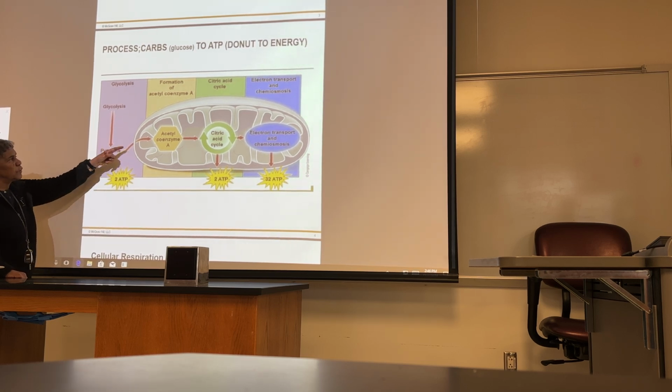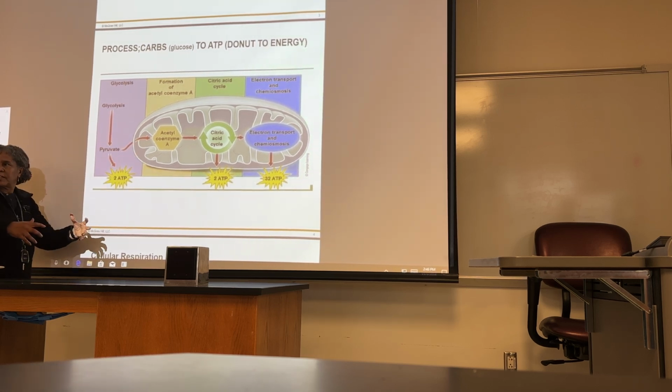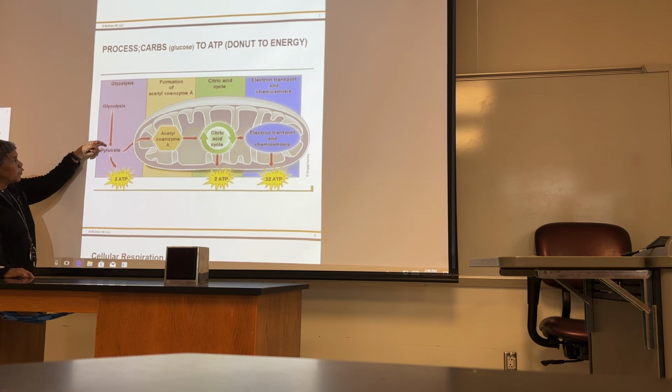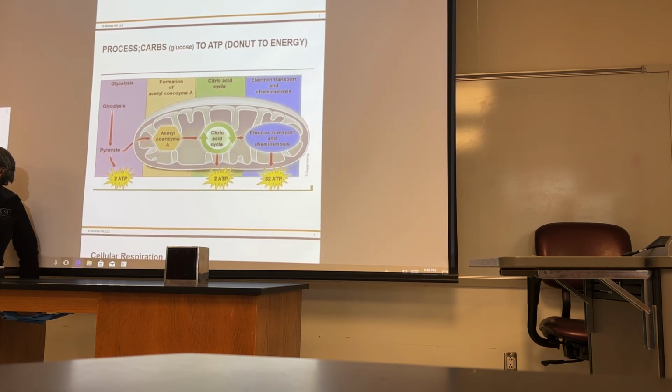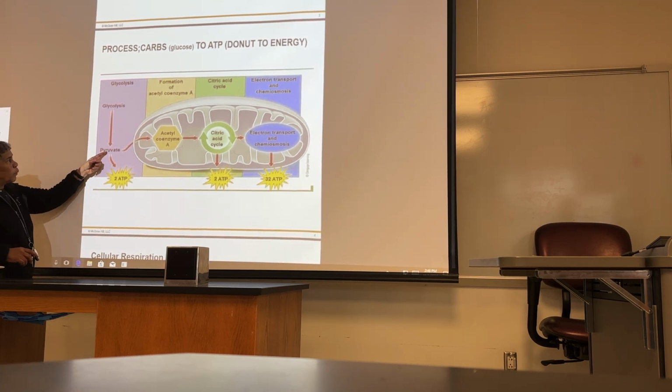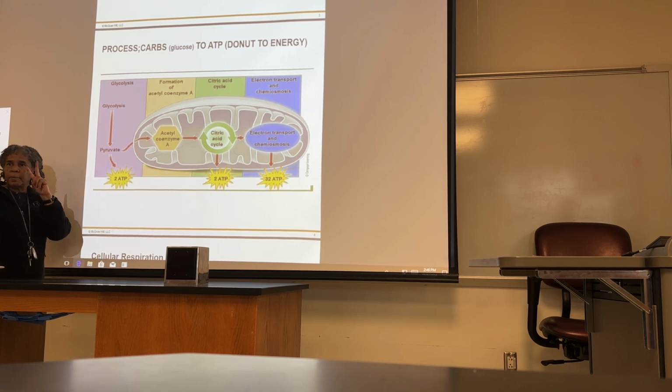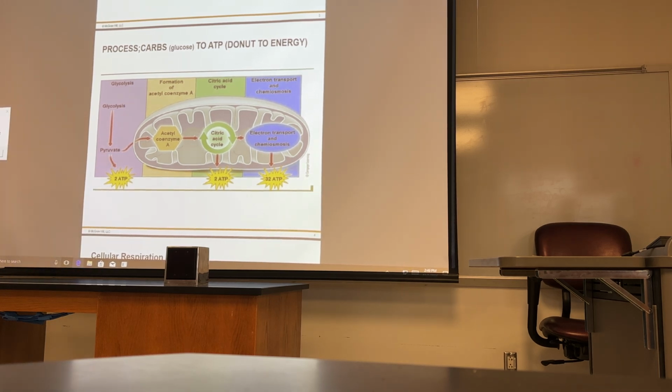And then after the glycolysis, you move into the mitochondria where all the heavy lifting starts. But at the pyruvate step, you actually lose 1 carbon in the form of carbon dioxide, and you end up with 2 2-carbon molecules. So I'm going from a 6-carbon molecule, glucose, to 2 pyruvates, to 2 acetyl groups. Okay?